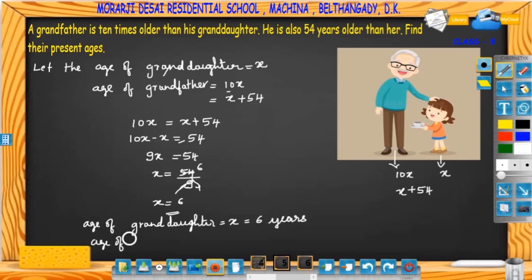Age of grandfather is equal to 10x, that is 10 into 6 is equal to 60 years. Or you can write it as x plus 54, that is 6 plus 54, that is also 60. So age of grandfather is 60 years.